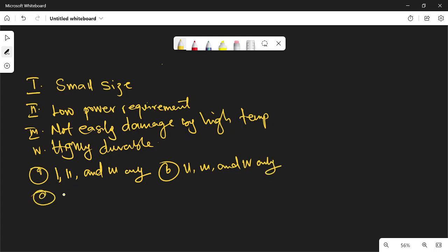C. Roman figure 1, 2, and 4 only. D. Roman figure 1, 2, 3, and 4. So the question states that which of the above are the advantages of semiconductors?